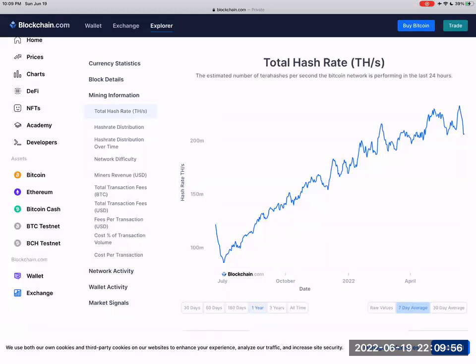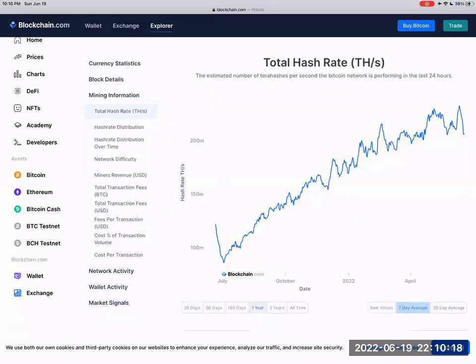So first of all, what's a terahash? How big is tera? People know? Sorry? 10 to the 12. 10 to the 12. All right, so 200 million tera.